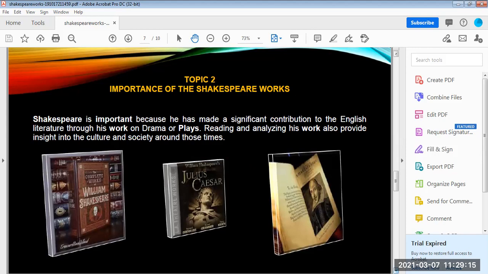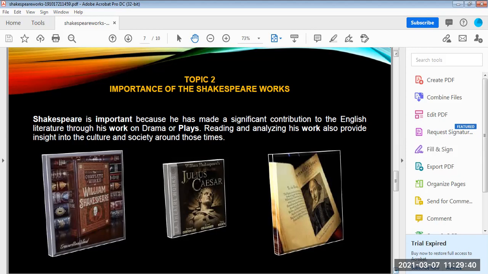But generally speaking, they are important because Shakespeare made a significant contribution to English literature through his work on drama, or plays. Reading and analyzing his work also provides insight into the culture and the society. We can understand Elizabethan society better if we study his plays.